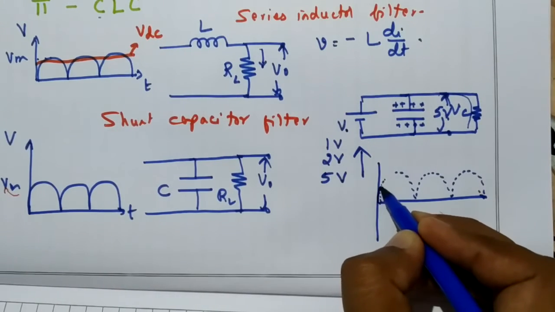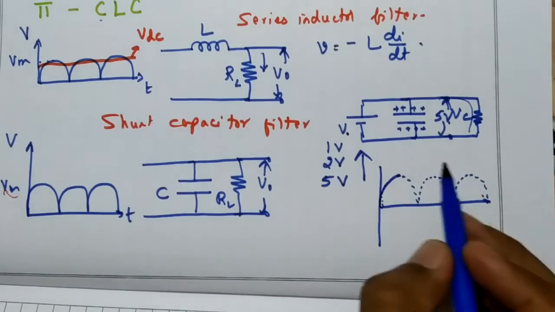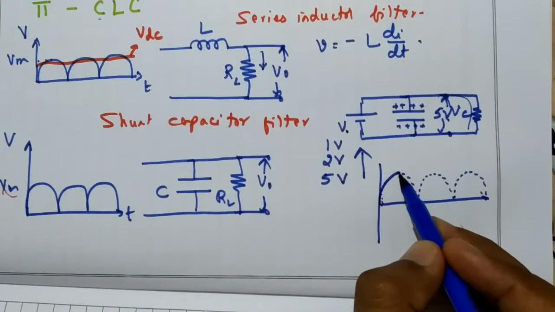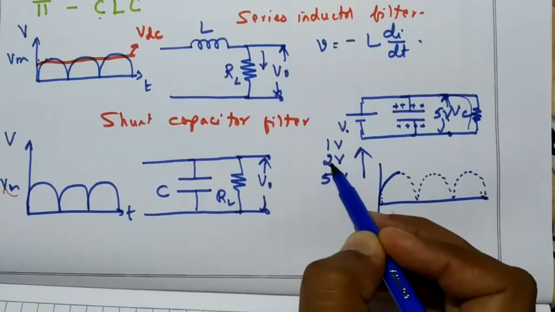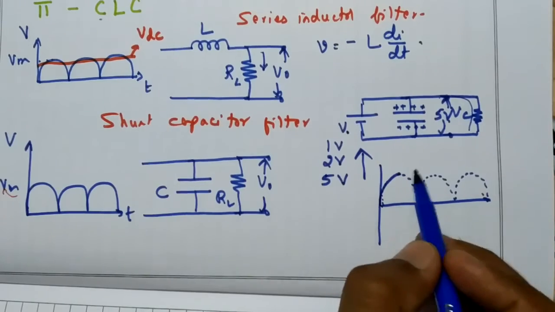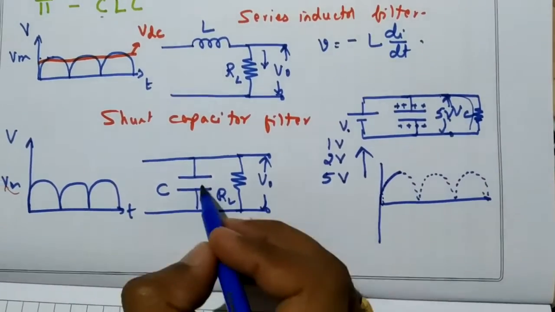So the voltage across the capacitor will be this much. Now when it reaches the peak, then the voltage to the capacitor decreases. So here it was initially 5, then it decreased to 2 volt, like that. During that moment, the capacitor will discharge through RL, this RL.